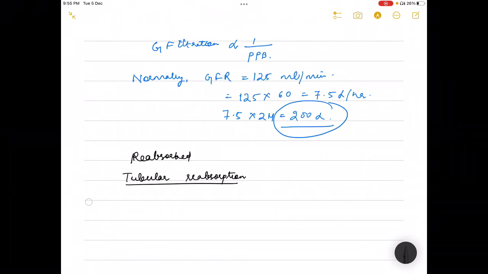So 99% of the glomerular filtrate that is filtered through the glomerulus is reabsorbed.